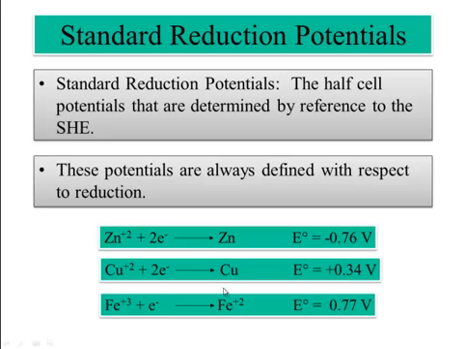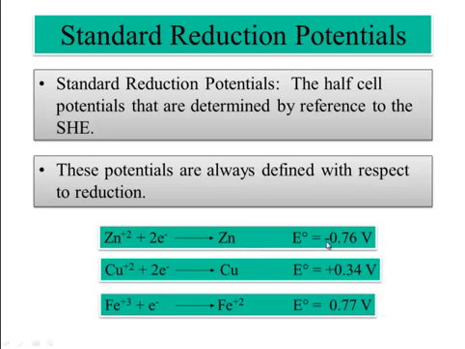Let's analyze these three reactions. Zinc ions picking up 2 electrons, becoming zinc atom. E0 is minus 0.76 volts. The value is negative obviously because zinc would prefer to undergo oxidation reaction rather than reduction reaction, as it is an active metal.